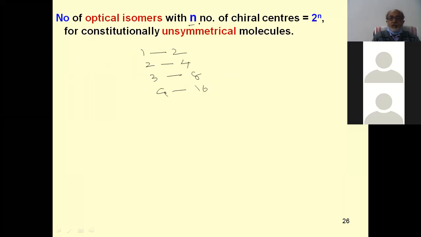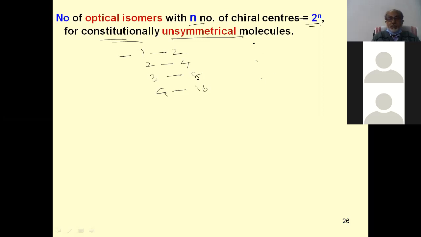So it falls in this formula, 2 to the power n, with n number of chiral centers. But this is true for constitutionally unsymmetrical molecules, meaning all the chiral centers are not bonded to the same type of groups.